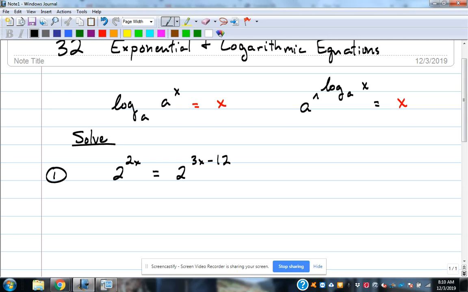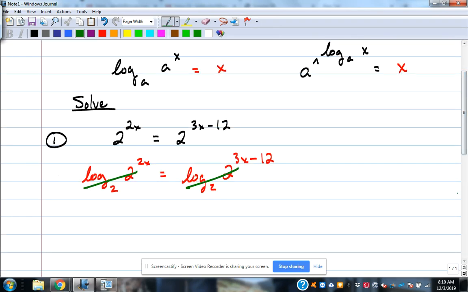Now, the math that makes that possible is that you take the log base 2 of each side. If you take the log base 2 of each side, that's what cancels out those base 2's and makes it where you can set those exponents equal to each other.